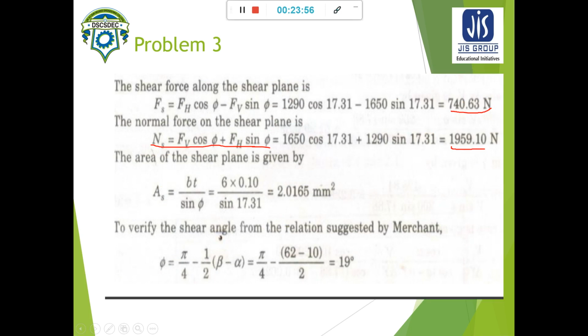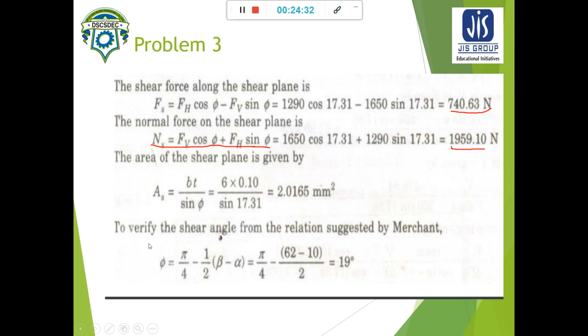The value of phi we know, that is 17.31, B is 6 and T is 0.10, and from this we can find the value of As. To verify the shear angle, we can use the relation suggested by Merchant.